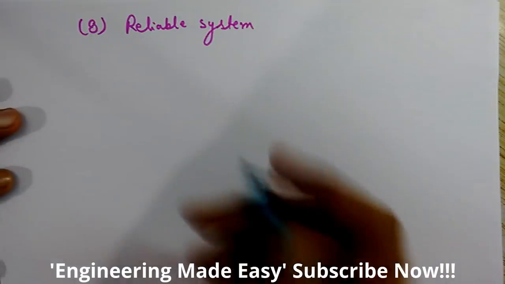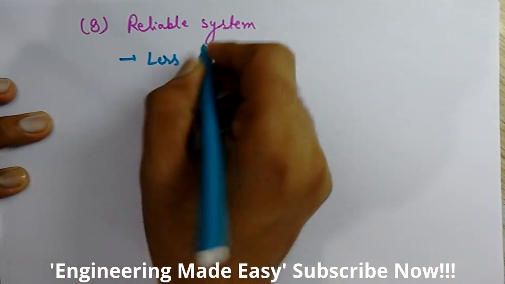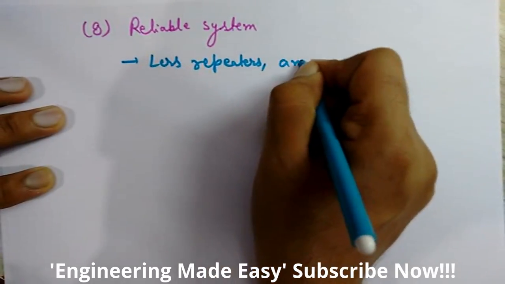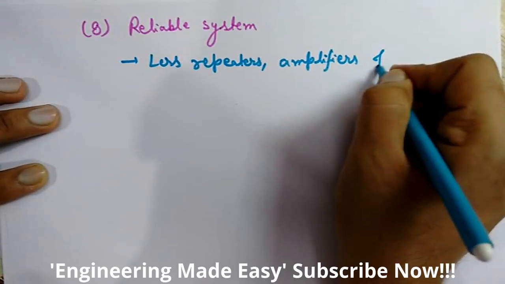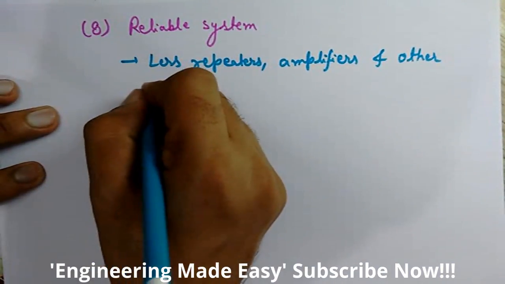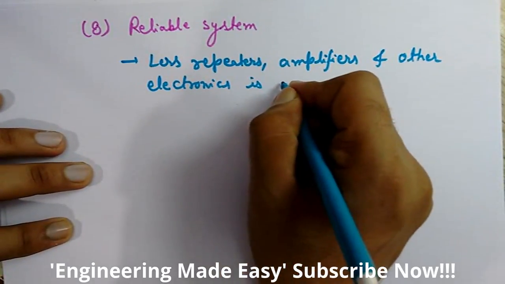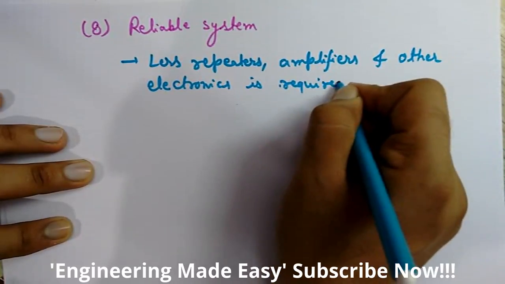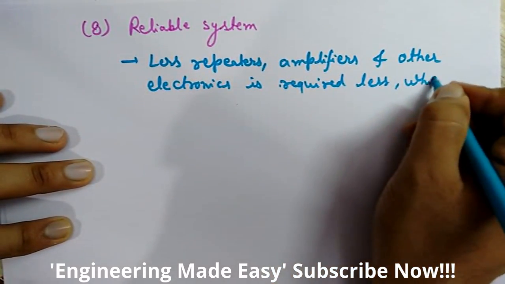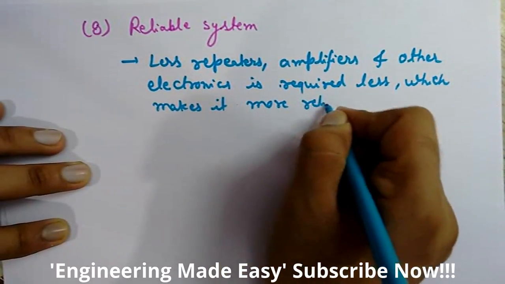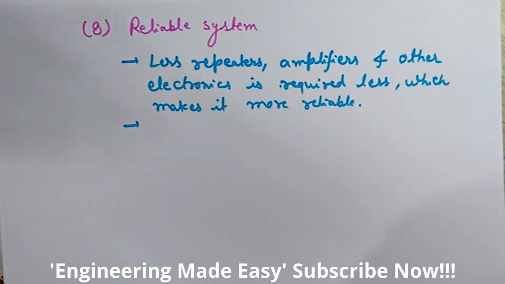Less electronics makes it more reliable, because as the number of electronic items and equipment increases, surely it becomes less reliable.